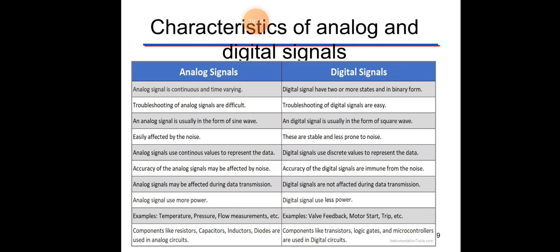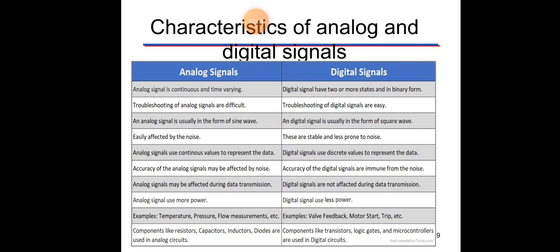Then the examples of analog signals are temperature, pressure, flow measurement, etc. And the examples of digital signal are valve feedback, motor start, trip, etc. So all these digital instruments use the digital signals where the data can be represented in 0 and 1, or the device can be operated on only two logic levels.